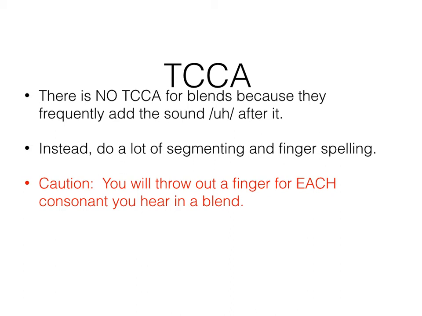Just know that although many other programs do bl as a sound, that's actually two sounds, and we don't want to fill their working memory by making them remember bull, cold, full, pull, and a variety of other blends, but rather they should be able to decode and encode these sounds by just looking at them and going s, t, ah, p, and one finger for each consonant that you hear.